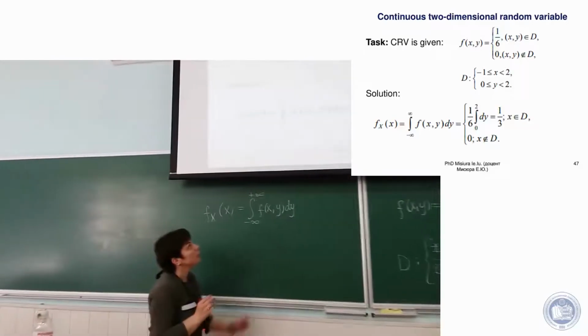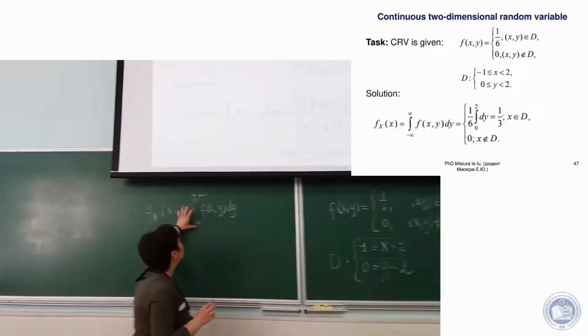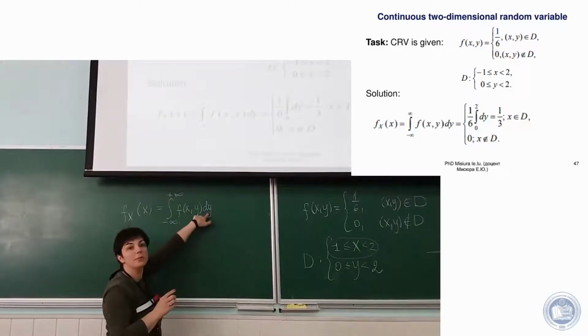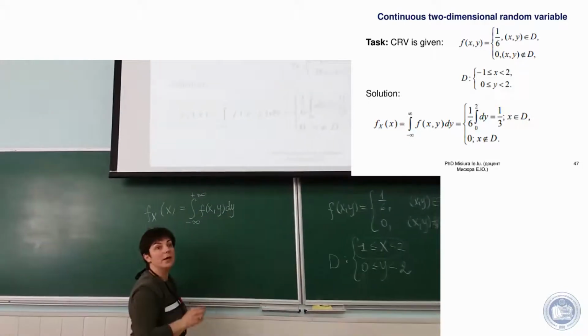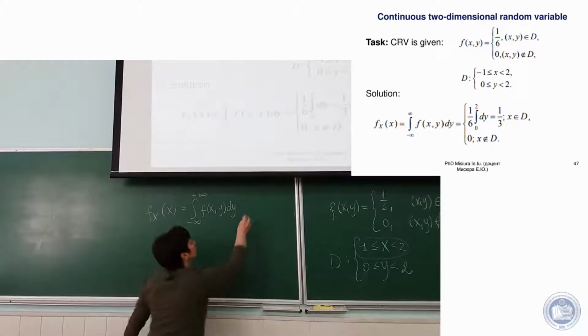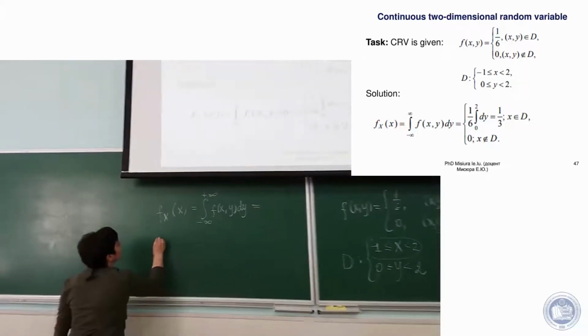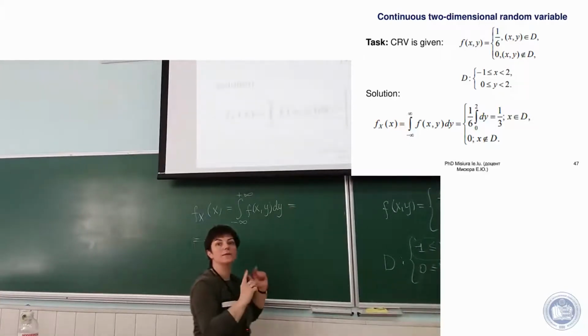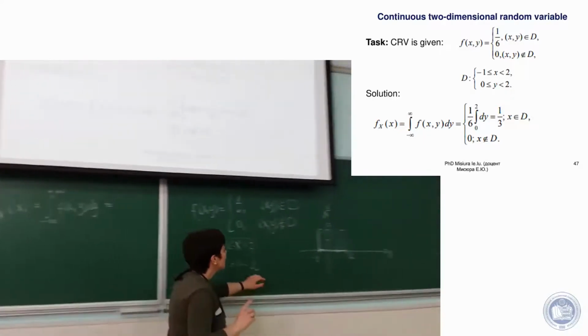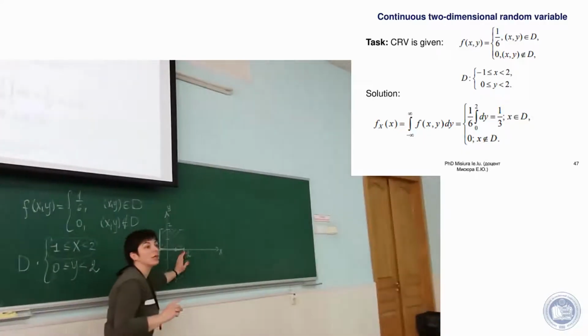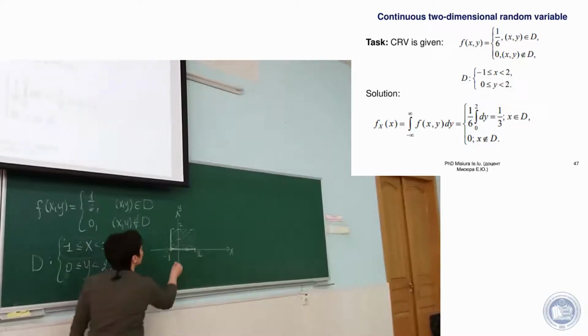How to explain dy, students? It means you need to use limits for variable y. It means x is not changed. Okay? Let's substitute. In order to find this result, let's look at this picture and call limits for variable y.